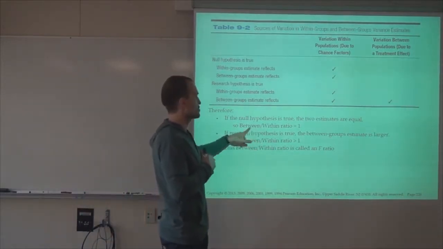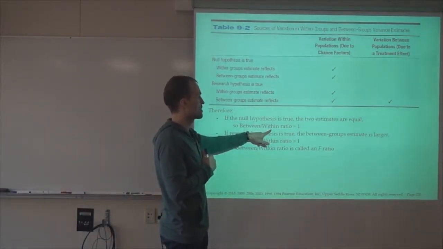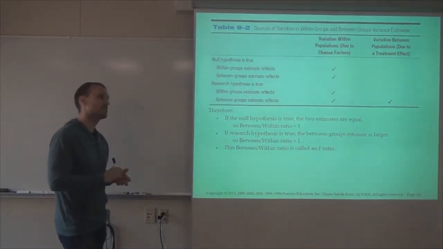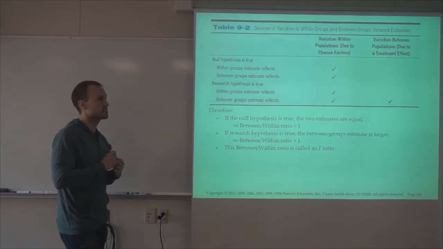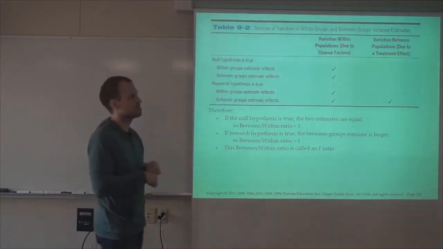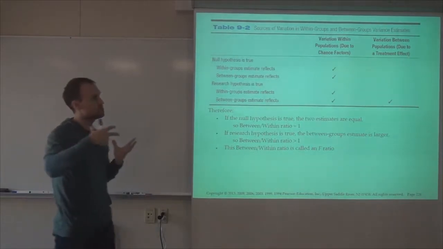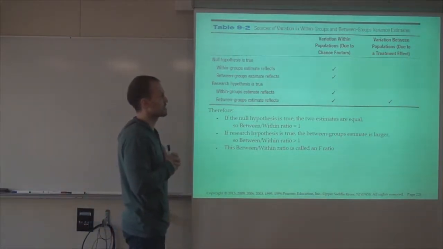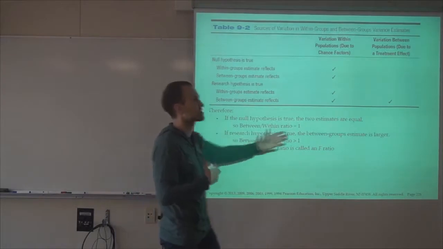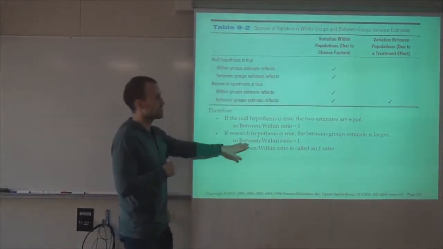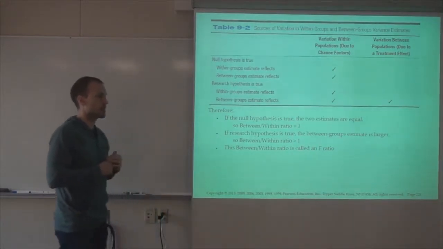The ratio between over within is going to be close to 1. But if the null hypothesis is not actually true, and there is a difference between the means, the between groups estimate is going to sort of move away from the within groups estimate because it has this extra between means variance added to it. And the ratio will be greater than 1.